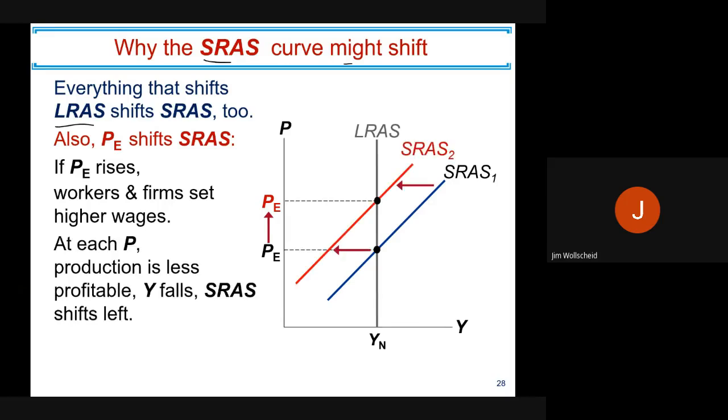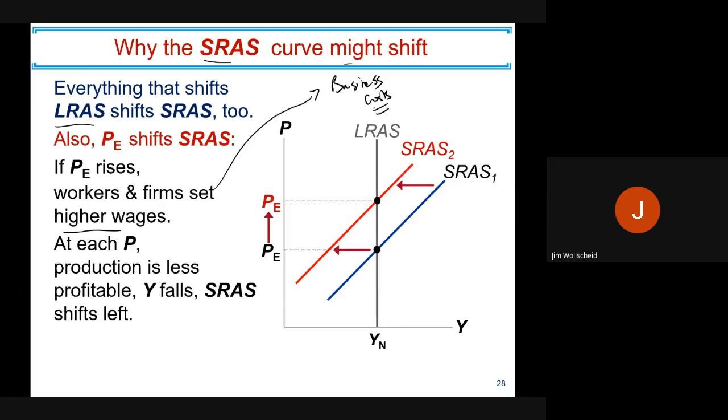So we also see some shifts in short run aggregate supply. And what we also see shift the short run aggregate supply curve is what I like to call business costs. They're input costs to the business that aren't going to change in the long run, but they are going to have some short run effects. So maybe there's higher wages.